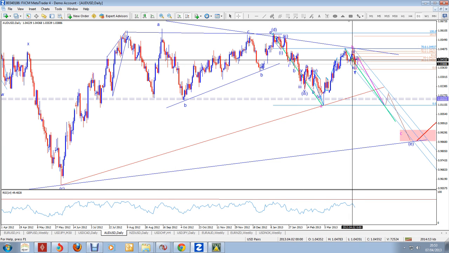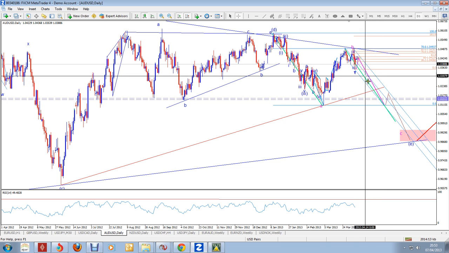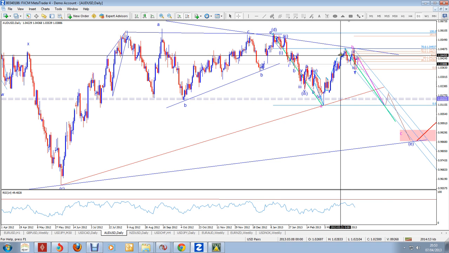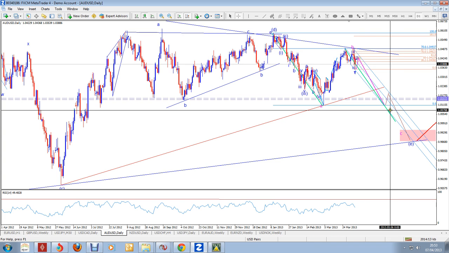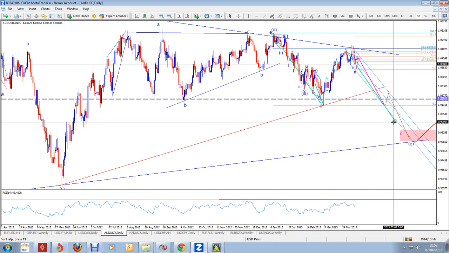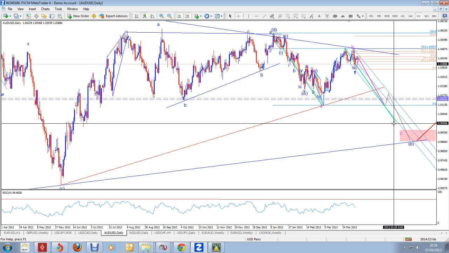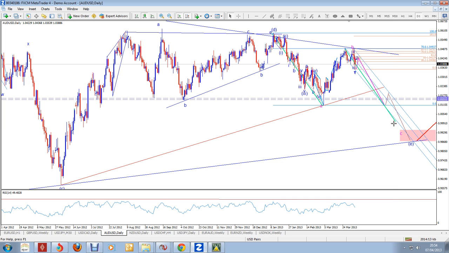So if the equity index is currently in a process of declining, then we can anticipate that the Aussie dollar will probably also come down with it. So from that perspective, to me, it makes sense. However, what that means is that the Aussie dollar is going to be weak for a short while against the US dollar, and therefore it will be one of the weaker currencies from the major group.